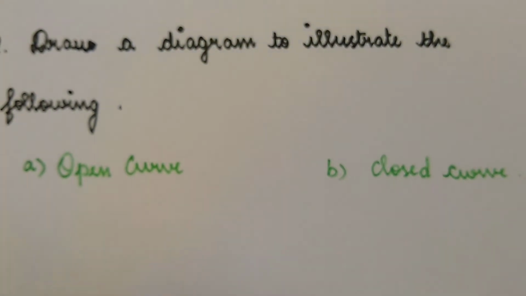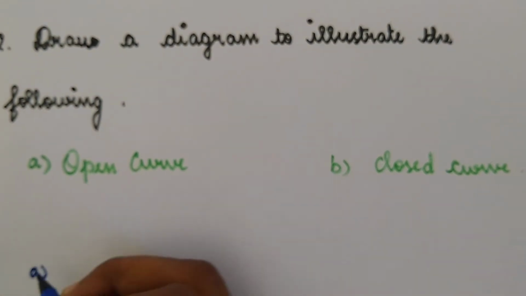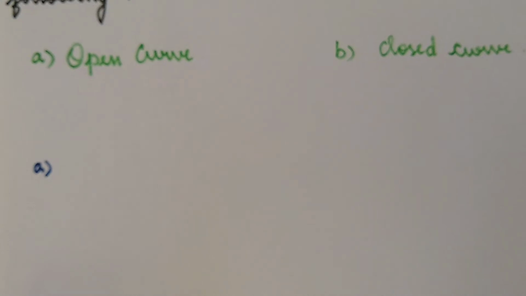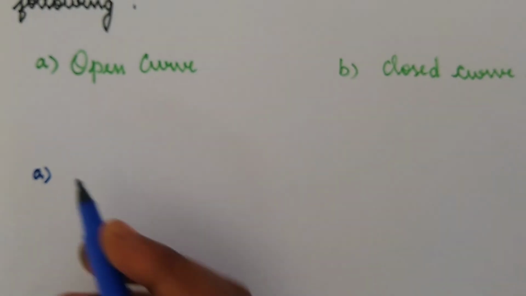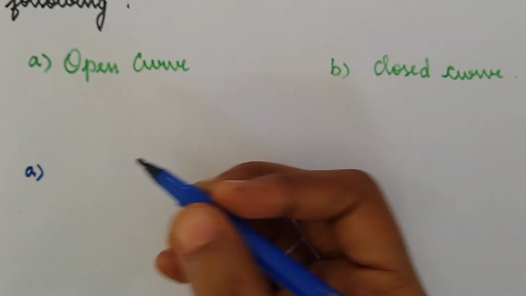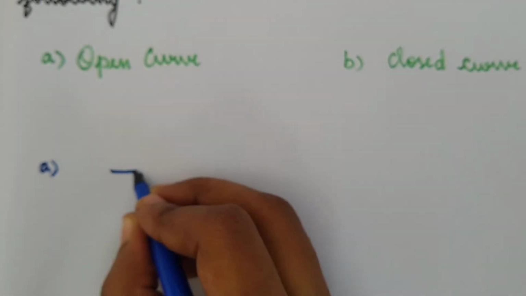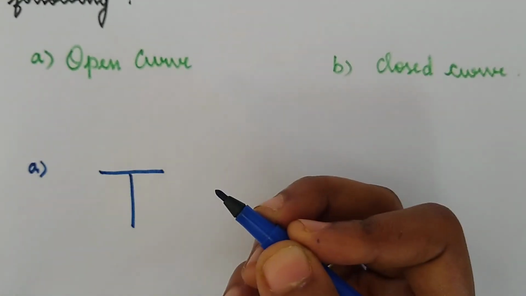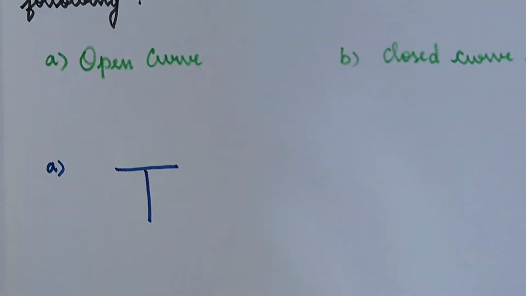So first we have to draw an open curve, subdivision A. The shape which is not closed by a curve or line segment is called an open curve. Let us take T. T is not a closed figure.